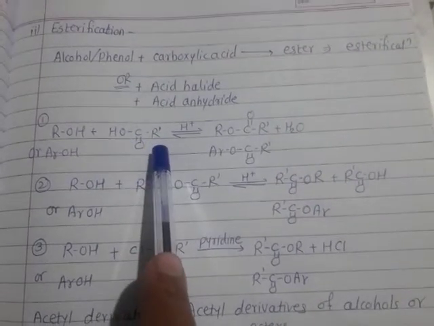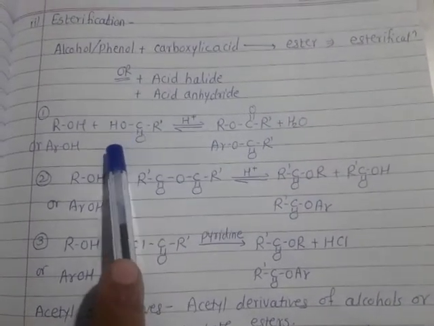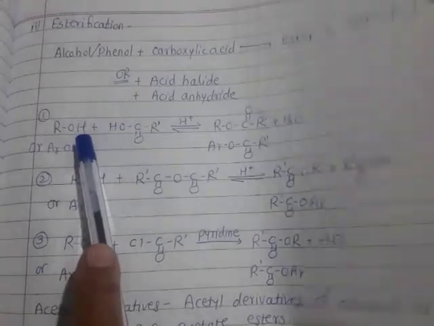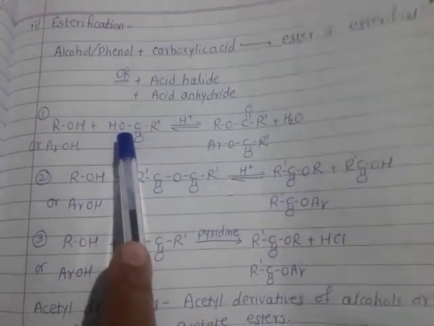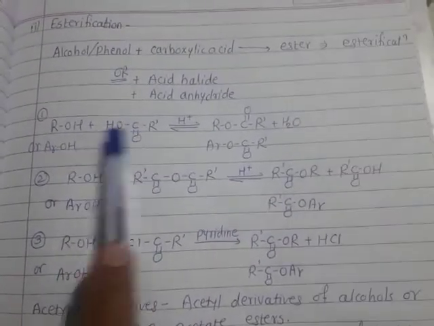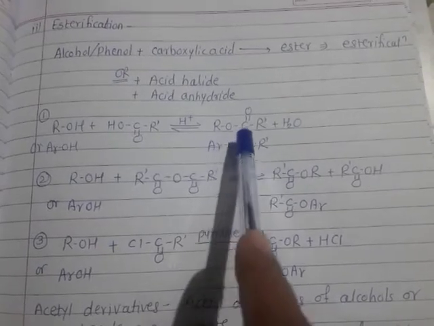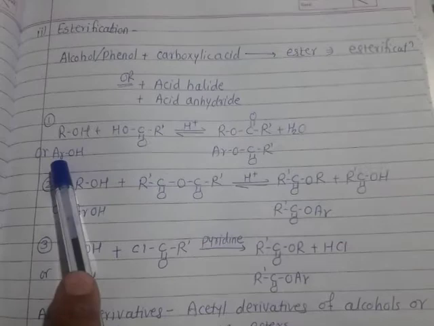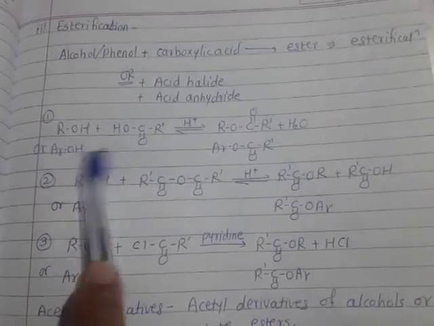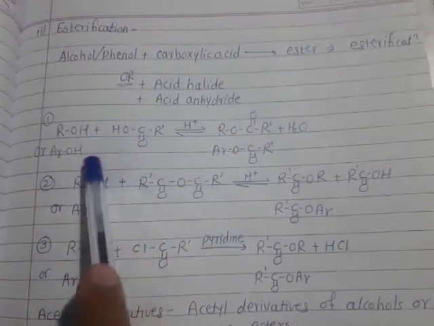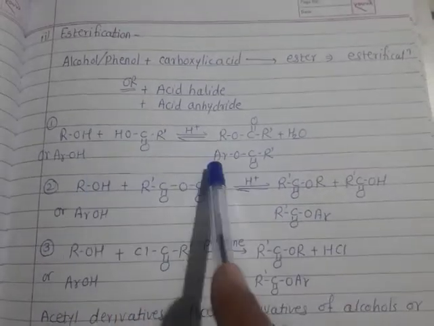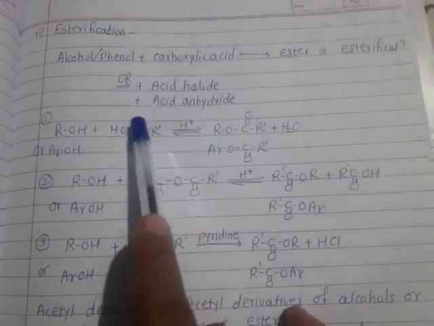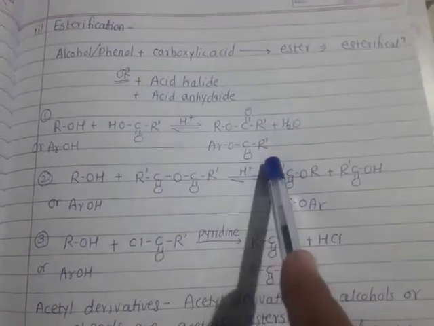In acids we will discuss this reaction in detail. Right now just remember this H and this OH combine to form water, and the remaining groups are connected: R'COOR plus H2O. Or if it is ArOH, this hydrogen and this OH combine to form water, and the ArO group is connected to the remaining R'CO group.